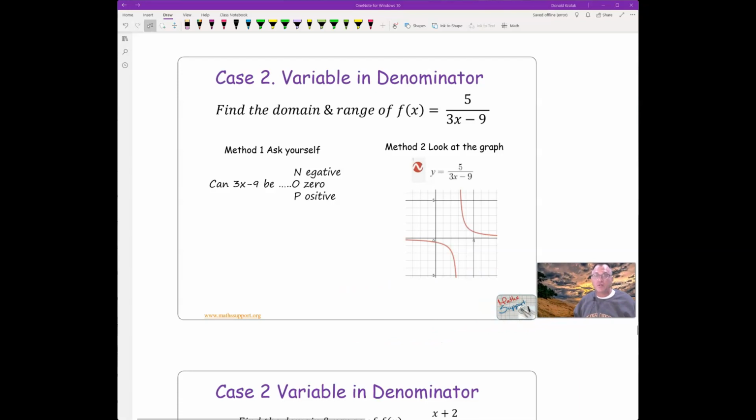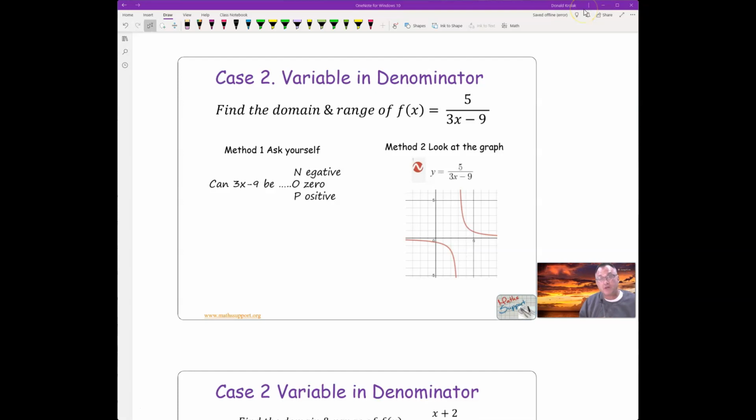Okay, now we got a rational function. That means a function that's a fraction. Now if you look at it, it's got a variable in the denominator. So as soon as you see that, you're thinking, okay, the domain is not going to be all real numbers. So you ask yourself, what could go into that bottom where it would create a problem?